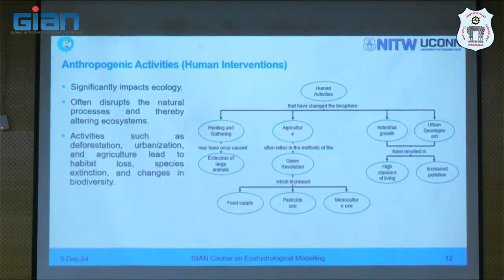So there are fields that just grow rice, there are fields that just grow wheat, and that has resulted in significant ecological degradation in the environment. Then population growth and industrial growth has certainly improved our standard of living, but at the same time it has increased pollution.